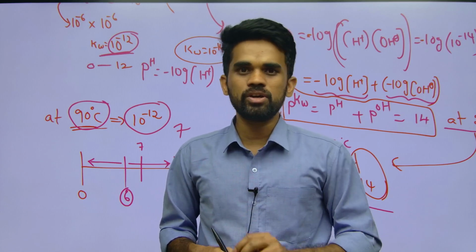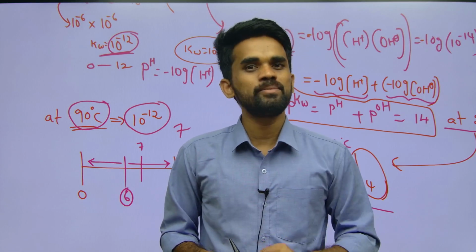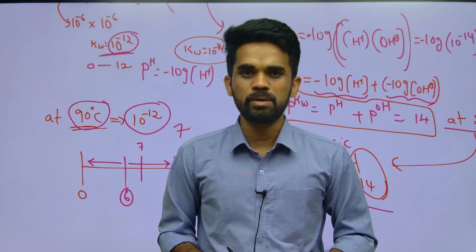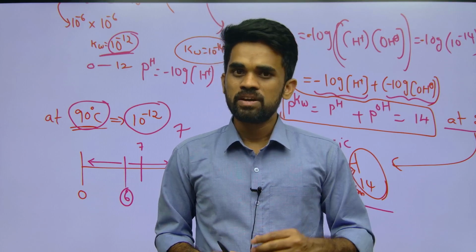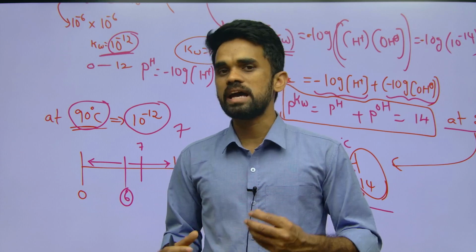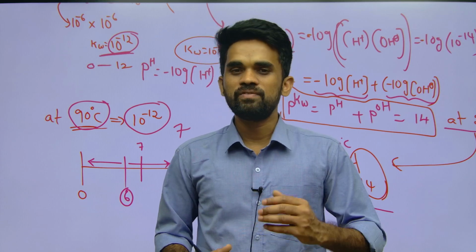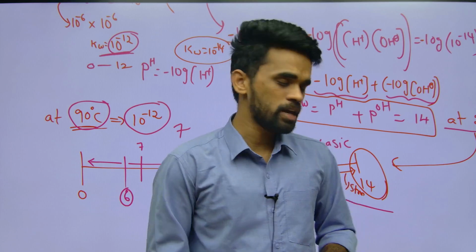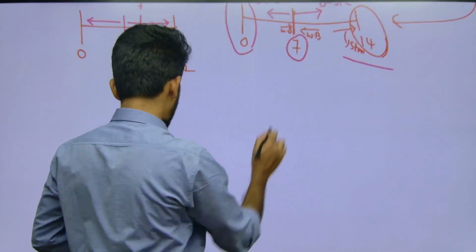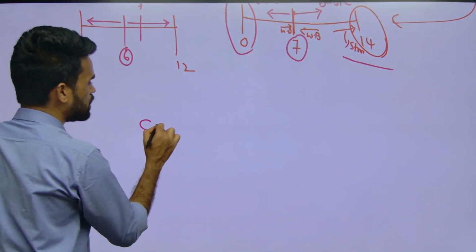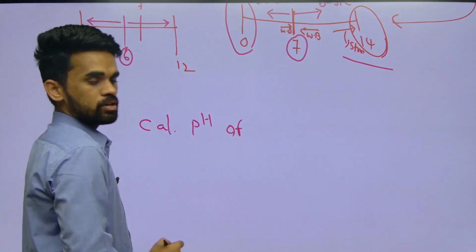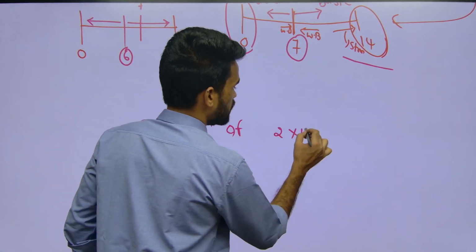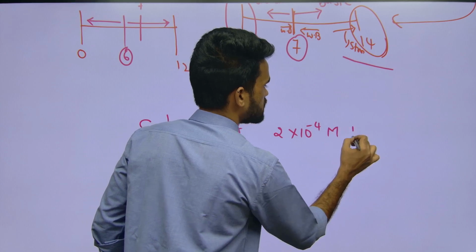Now I will be giving you 2 questions. You must solve them and mention your answer in the comment box for this discussion. Stay connected with us for the next session on acids and bases, particularly about weak acids and weak bases. The first question: calculate the pH of 2 into 10 power minus 4 molar HCl.